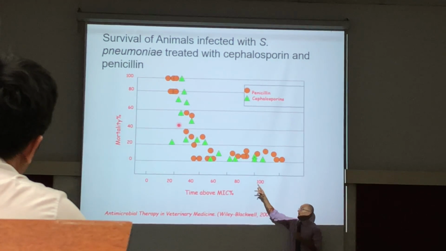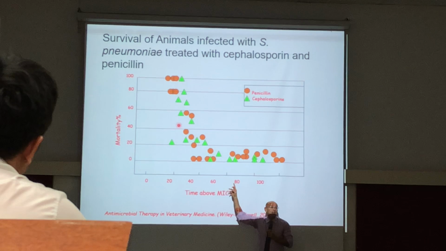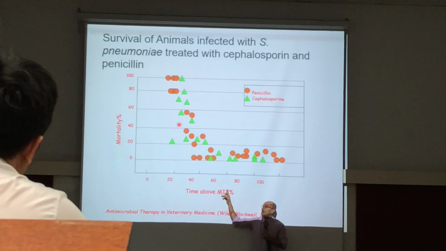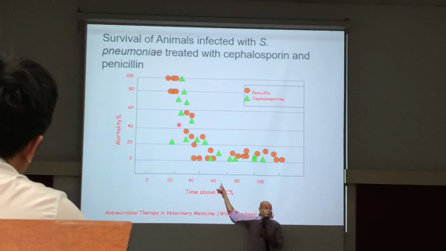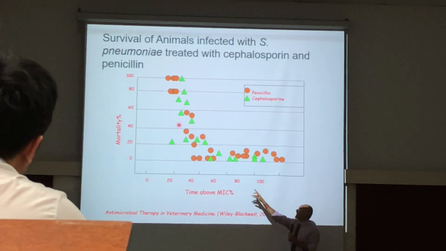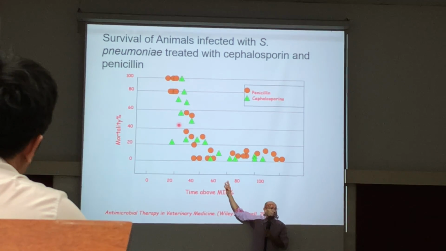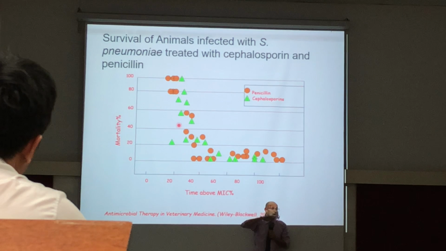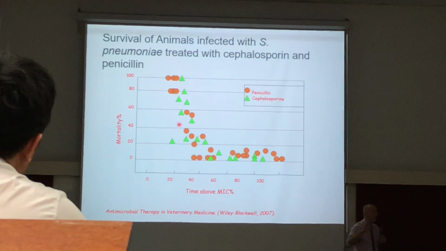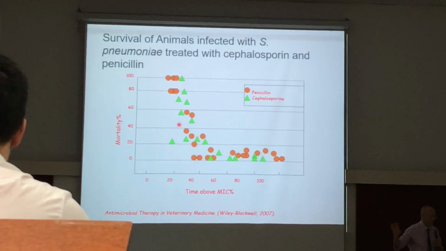So, in this case, I can just keep the concentration above the MIC for 60% of the 24 hours. Then, it doesn't matter, because I already achieved the maximum effect after 14 hours of treatment.